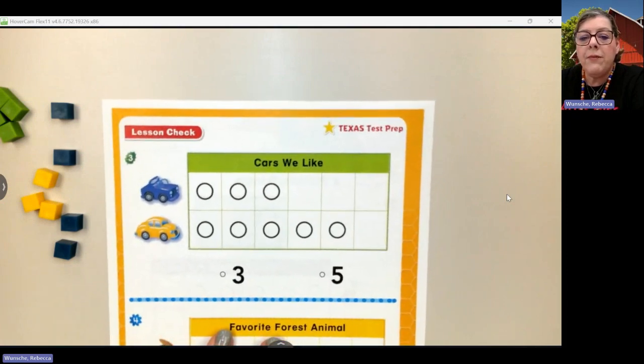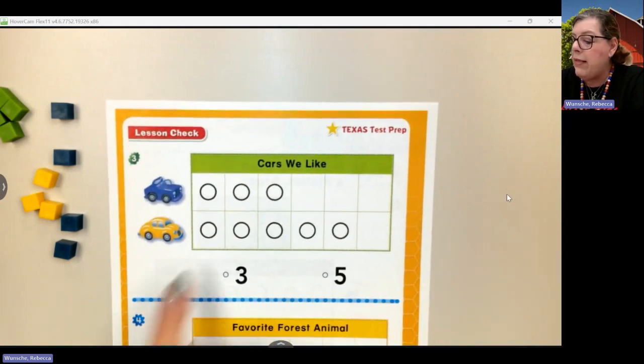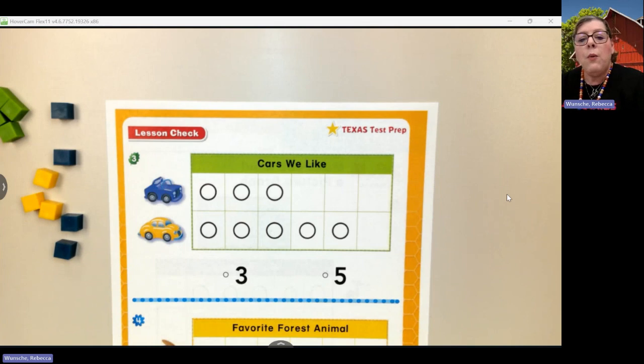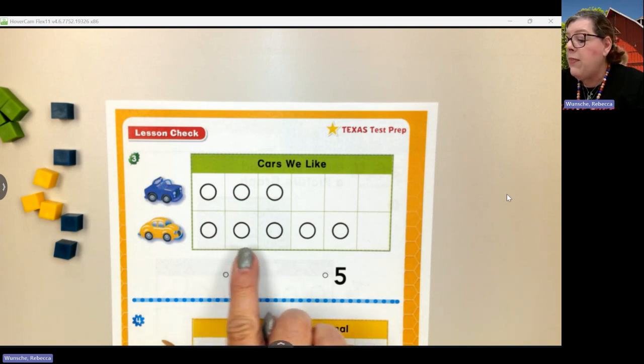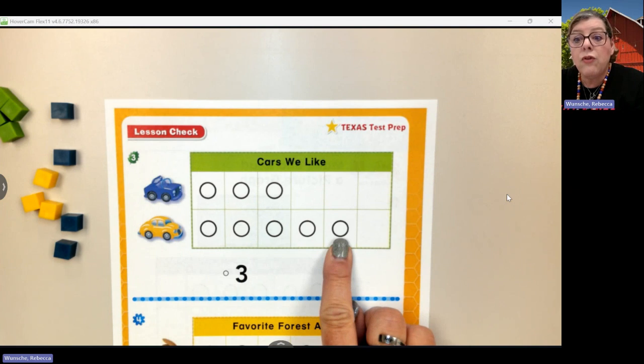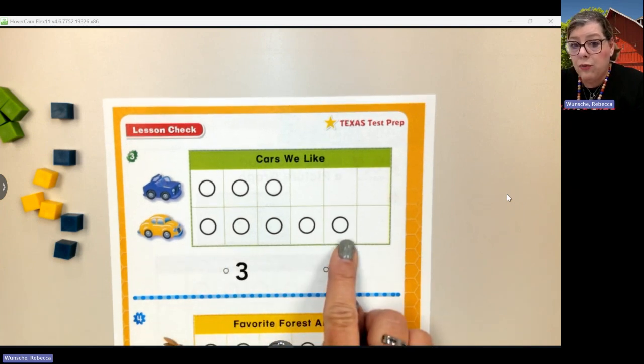So another example of a way we may do graphing is we may see something like this graph where we're already given our graph filled in, but it doesn't have a quantity or a number there that we need to come up with. So the question would be, how many children like yellow cars? So this gives an opportunity for our students to make a connection between the symbol that they see here to represent the cars and how many there actually are.